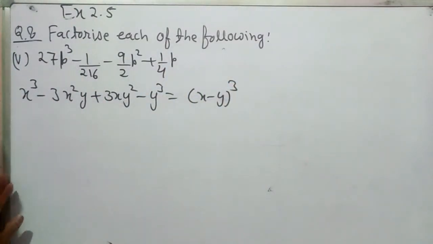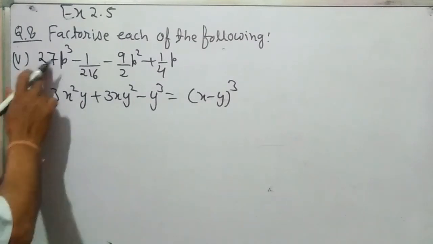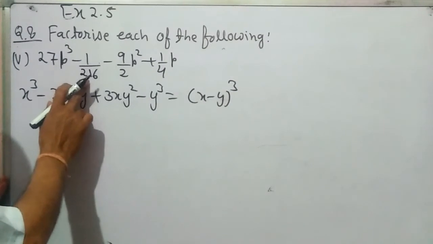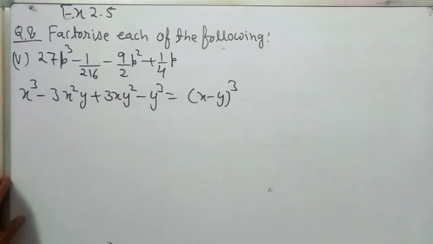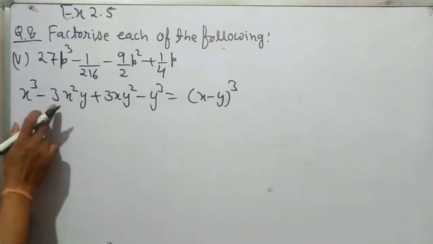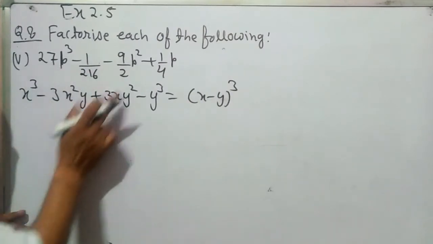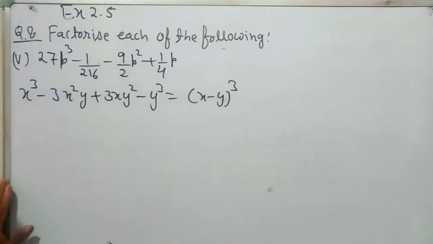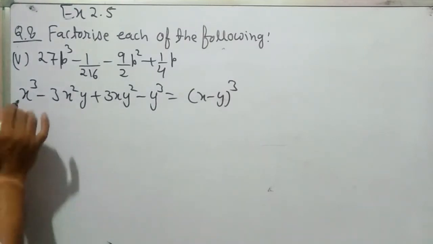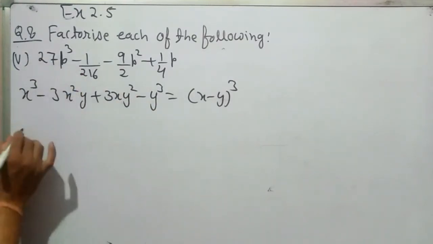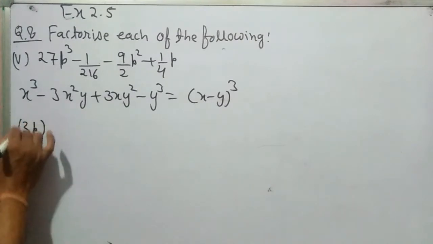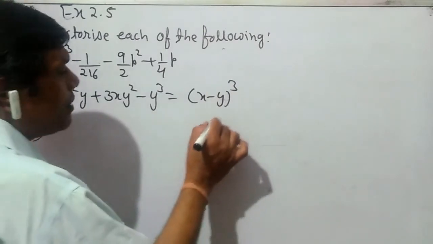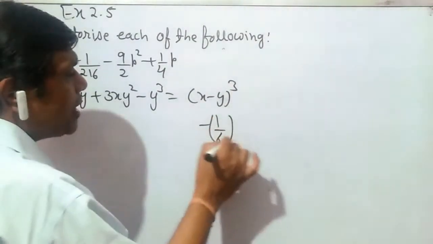In this particular part, we are able to see x cube is 27p cube. Y cube is 1 upon 6 cube. But we are not able to identify 3x square y or 3xy square. This we have to match by putting the values. So let us write them in the standard form. What is x cube? That is thrice p whole cube. What is y cube? 1 upon 6 cube.